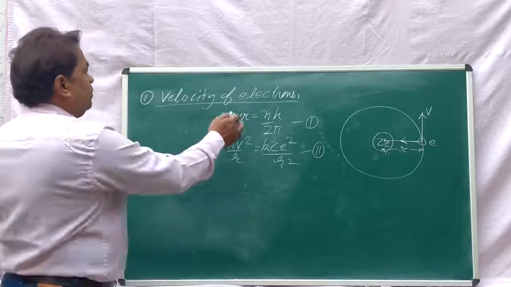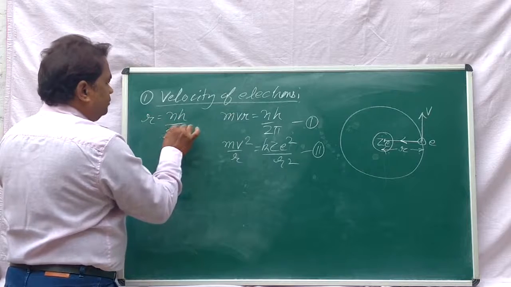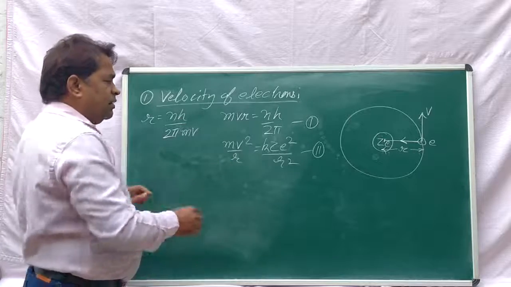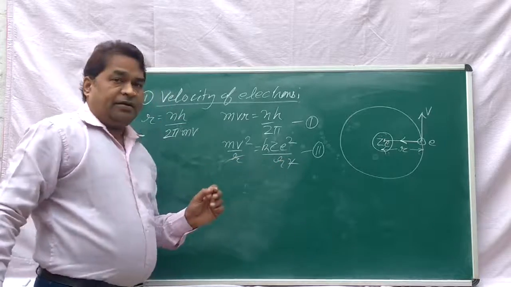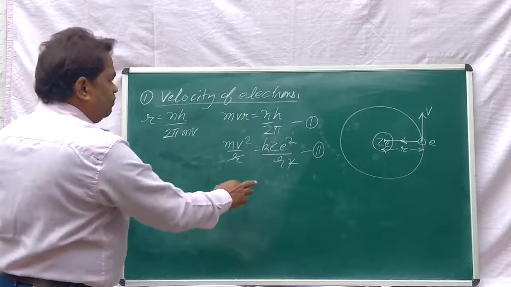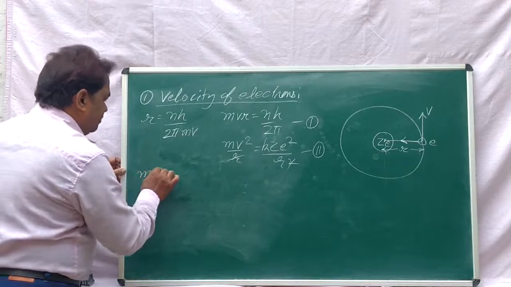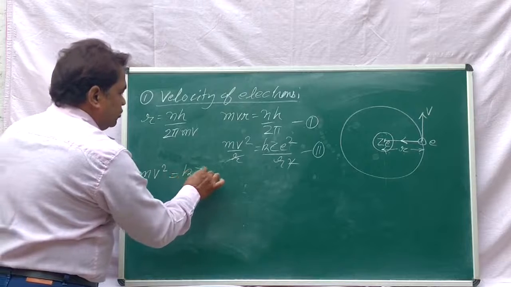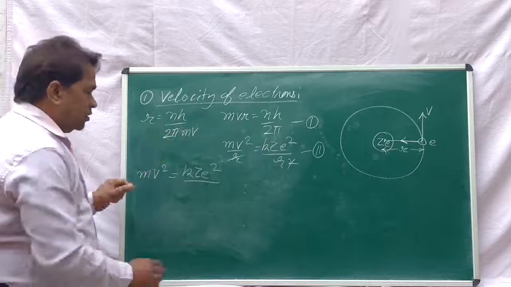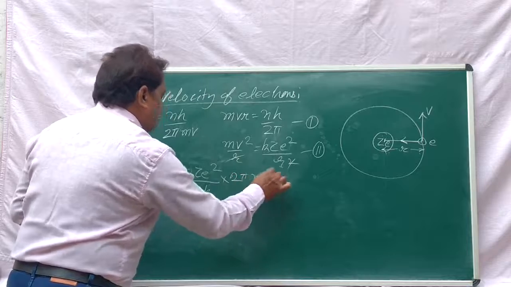From the first, r is equal to nh upon 2 pi mv. In the second formula, if we cancel r, we get mv square is equal to kze square upon r. So we put the value of r here: mv square is equal to kze square by nh upon 2 pi mv.